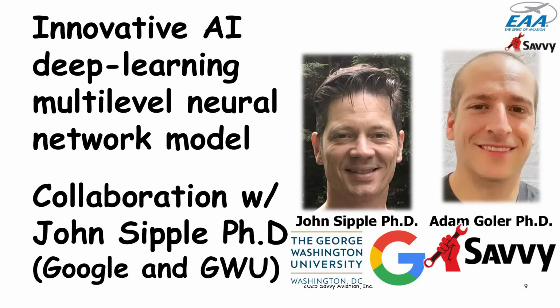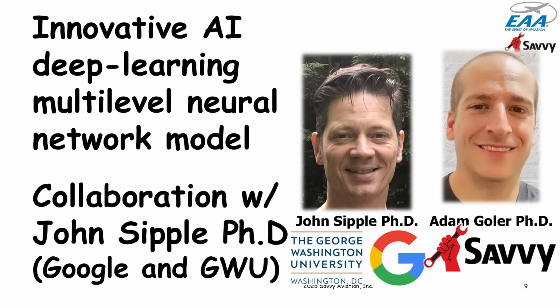We had the good fortune of being able to partner on this thing with a guy named John Sipple, who's a professor of computer science at George Washington University and also has done a bunch of generalized anomaly detection work for Google.